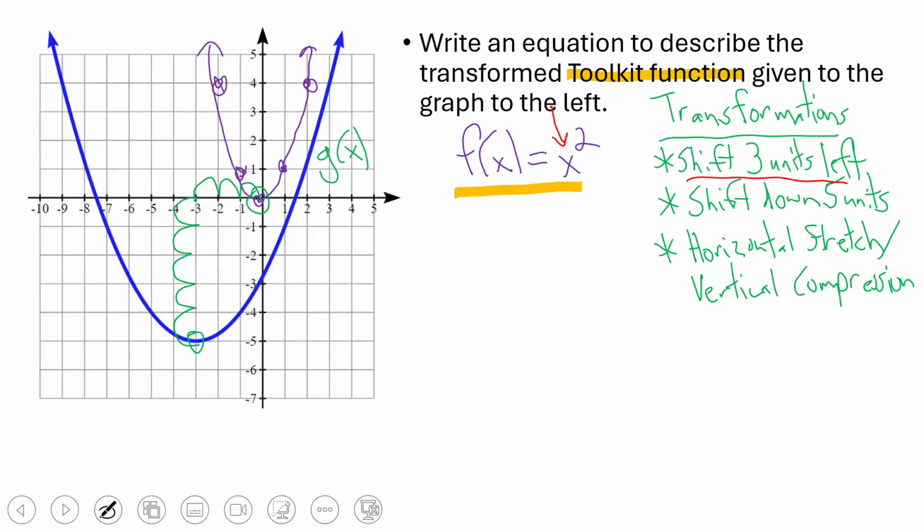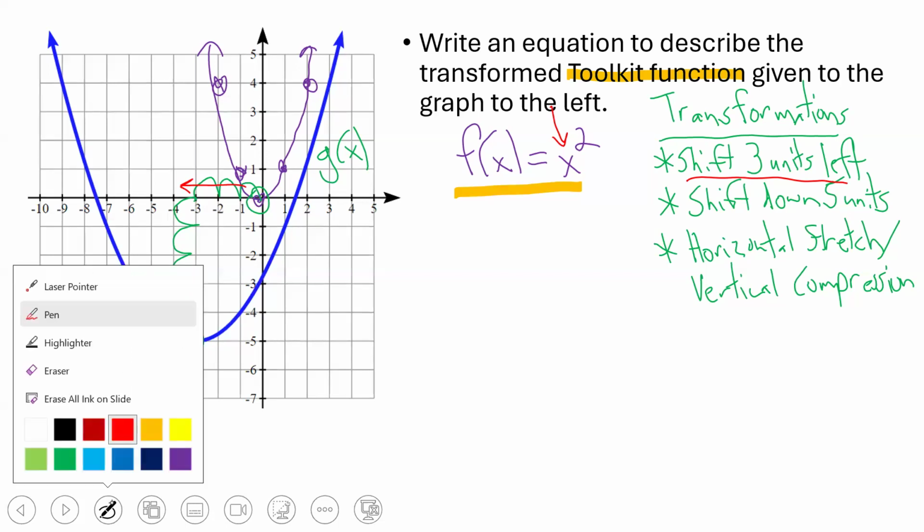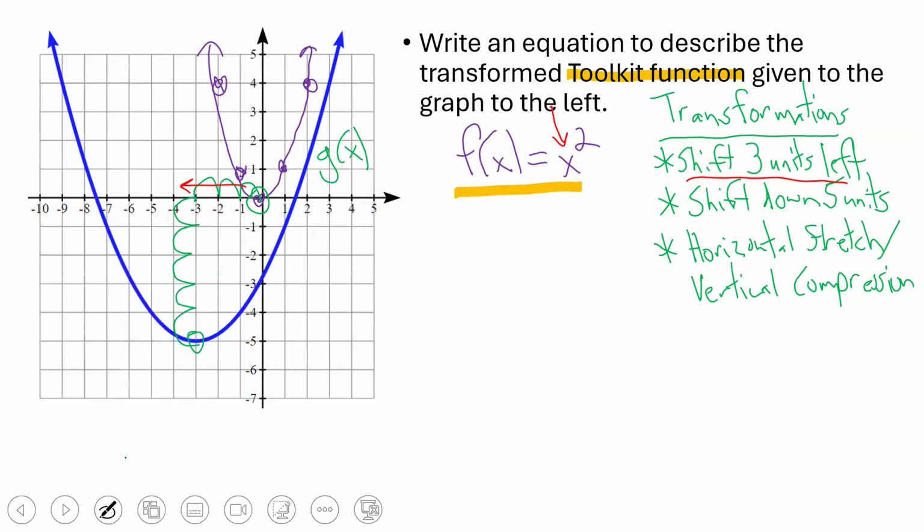And since it's being shifted to the left 3, that might make us think we're going to do a minus 3. But you'll also perhaps remember from the given learning materials that when we shift left and right, it works the opposite of what we expect. And so instead of being x minus 3, we're going to write x plus 3 inside the function. Again, it's inside because the x plus 3 is now in the place where the x was.